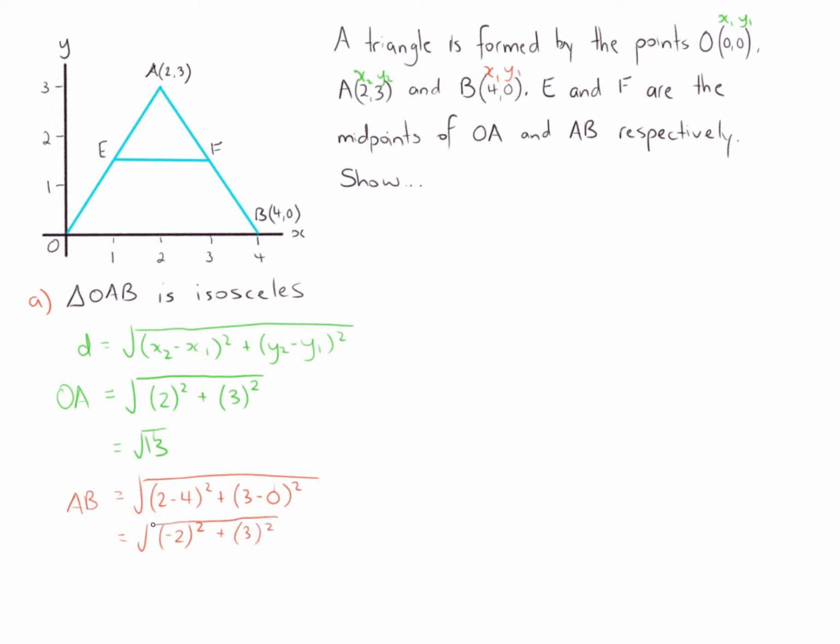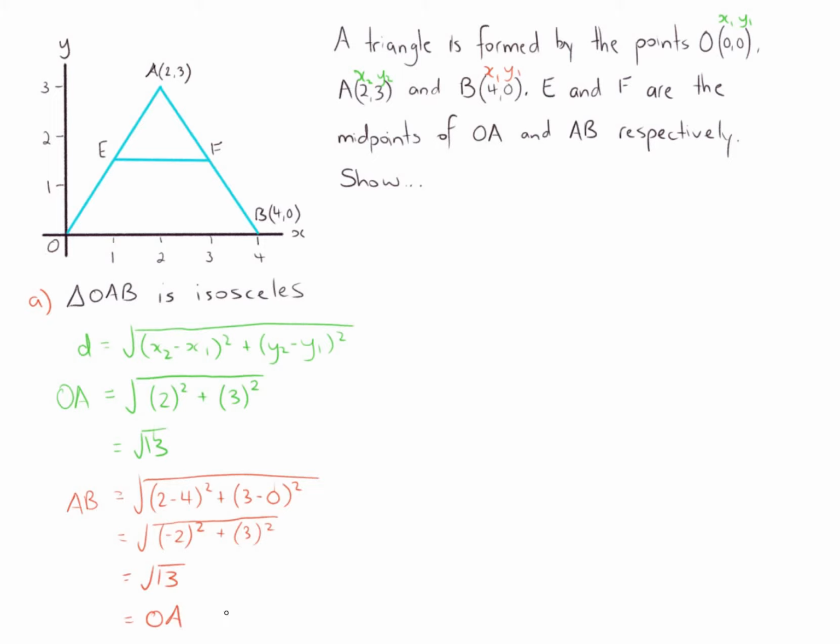Now even though we got a negative number, we're squaring it. So the result is positive. Positive 4 in fact. 3 squared is 9. So once again we've got 4 plus 9 is 13. So distance AB is also equal to the square root of 13. That's exactly the same as OA.